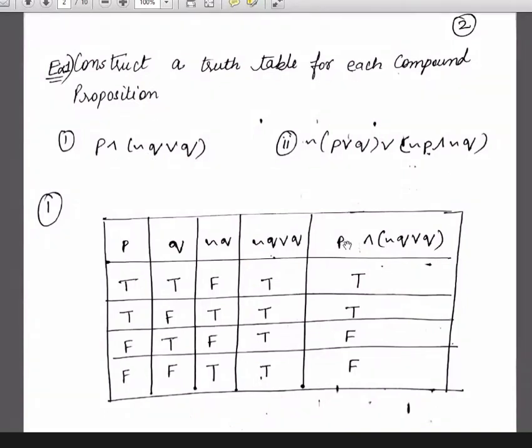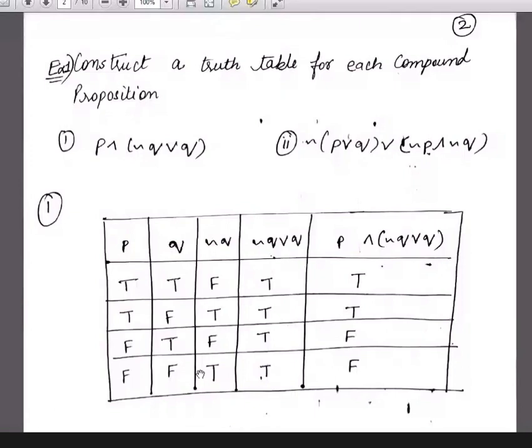Now, how can you find these values? First, in the P column you write true, true, false, false. I already told you the combinations of P and Q, so it is obvious for everyone: true true, false false, true false, true false. These are the possible combinations, and you need to write all of them.